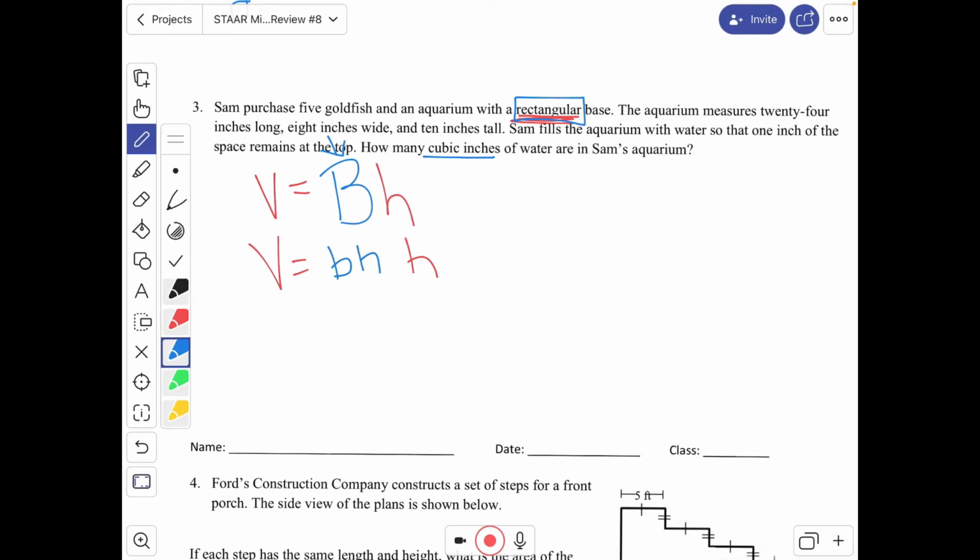Let's plug in the numbers. So the base of the aquarium says it's 24 inches long. And it says it's 8 inches wide and 10 inches tall. So the 10 inches tall is probably the height. And the 8 inches would need to go down there.